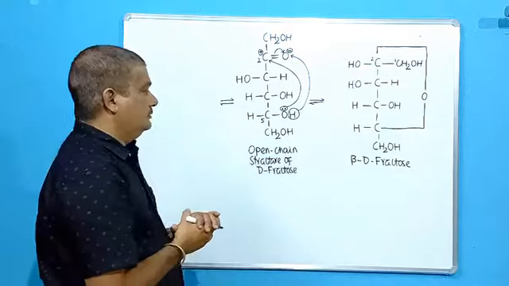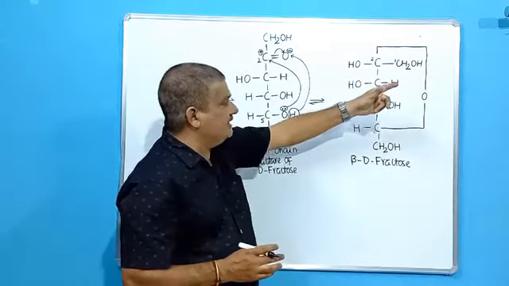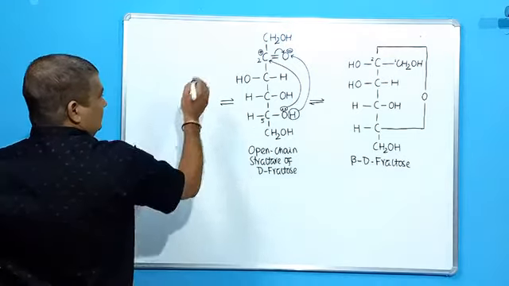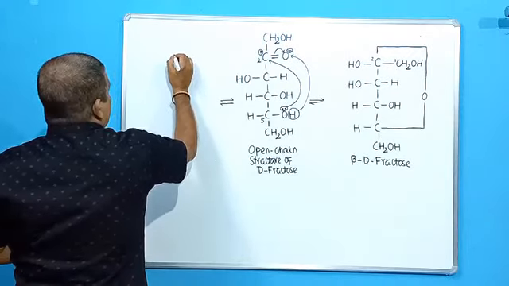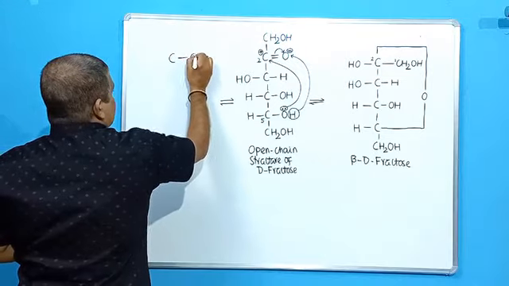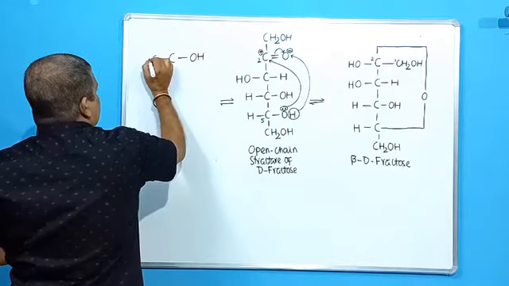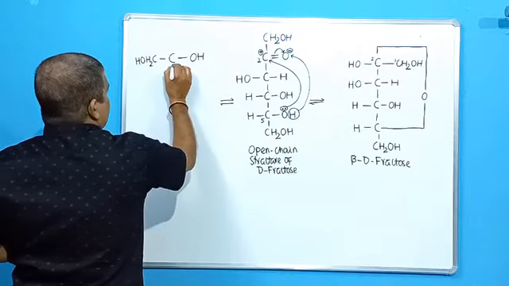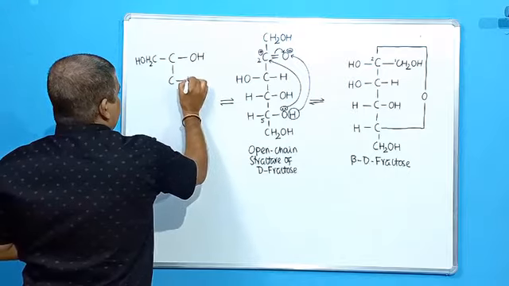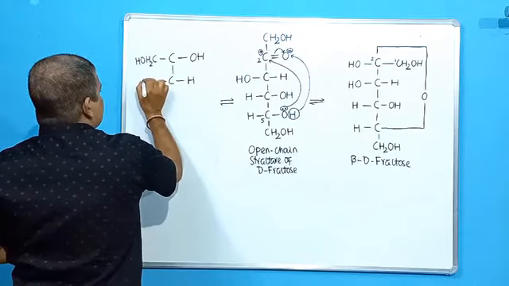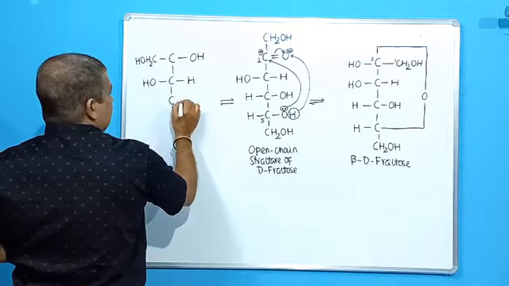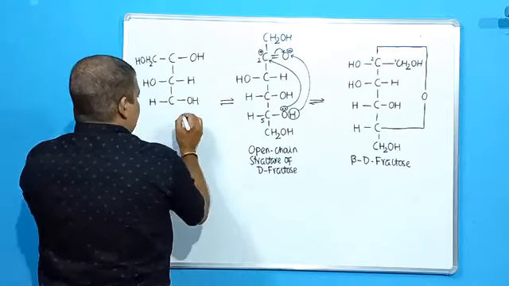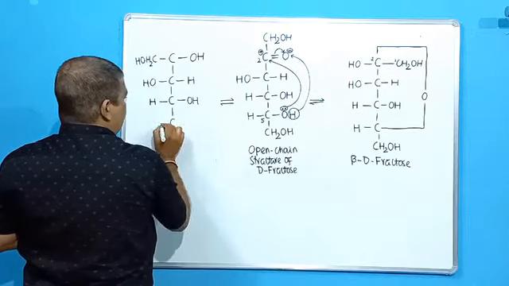Similarly, with respect to the orientation at the second carbon atom, the isomer will change to alpha D-fructose. So what will be the structure of alpha D-fructose? The remaining will be the same: COH on this side, the right side, CH2OH, then CHOH, then COH, H. Then the fifth carbon atom comes, CH.